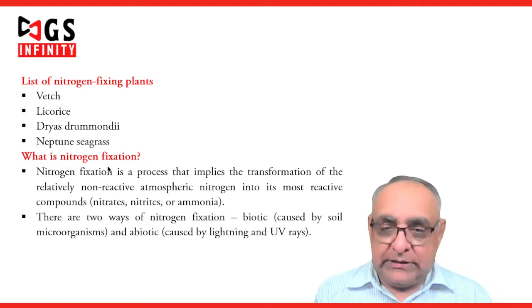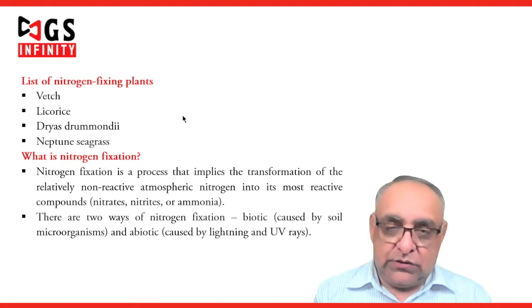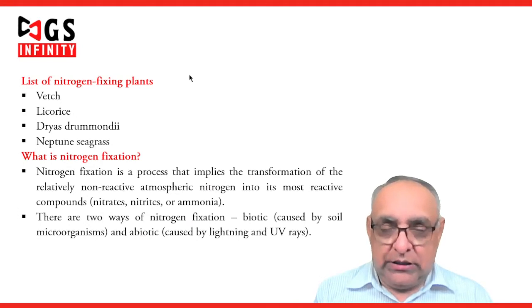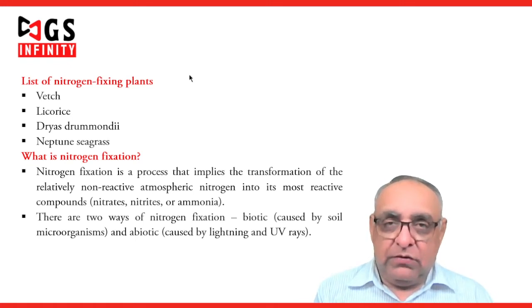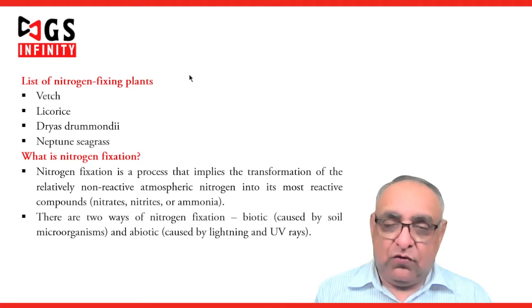Now, what is nitrogen fixation, or what is the meaning of nitrogen fixation? You know that nitrogen is available in abundance in the environment, but the form in which the nitrogen is there in the environment is not usable by the plants in the same form.